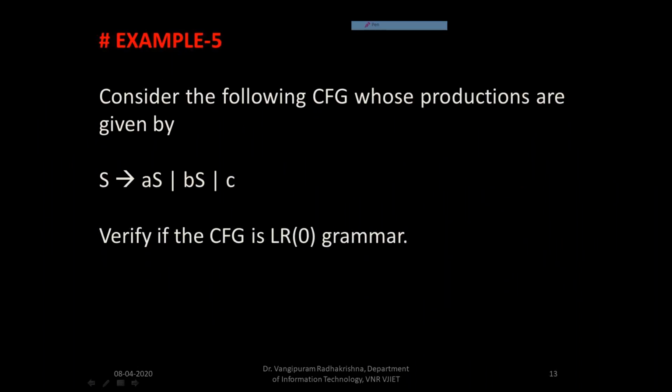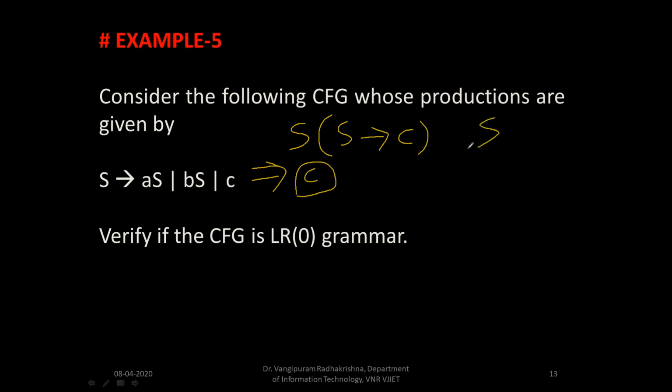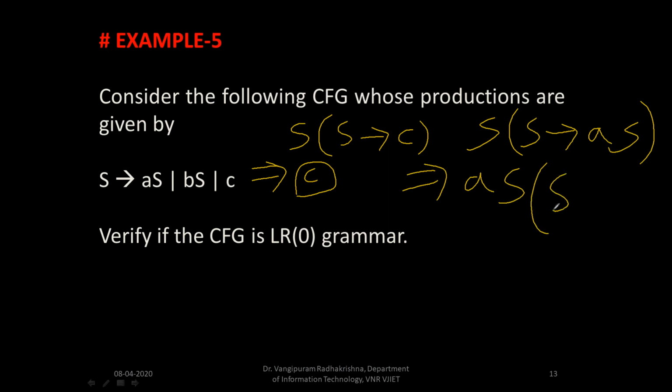Now, consider another grammar. S derives AS, S derives BS, and then S derives C. We will see what are the possible strings for this grammar. If you start with S and then apply the production of the form S derives C, one of the strings which is possible is C. Similarly, assume that you start with S and then apply the production of the form S derives AS. So I have AS which is available.